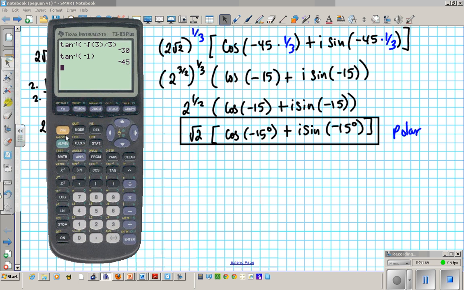So I'm going to go square root of 2 times cosine negative 15, close that, plus i sine negative 15, close the cosine and sine, enter, and there goes the answer.